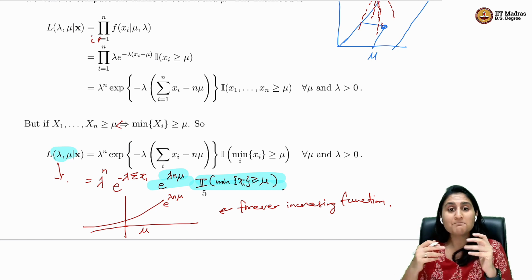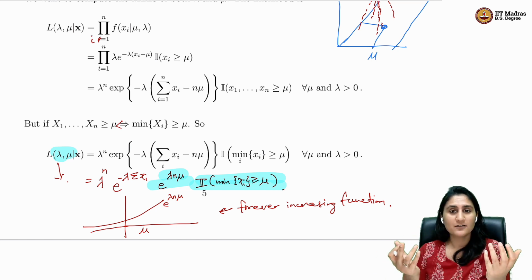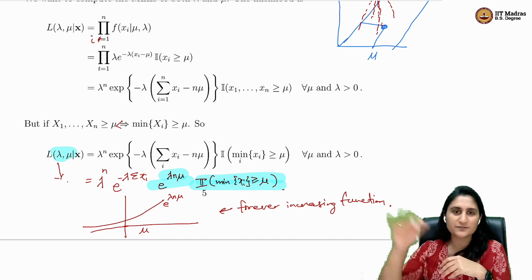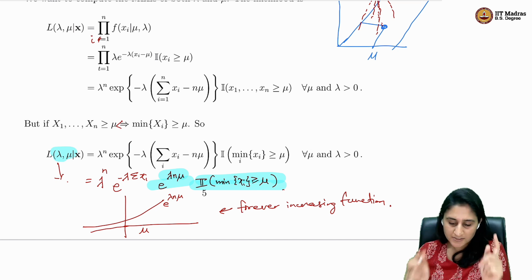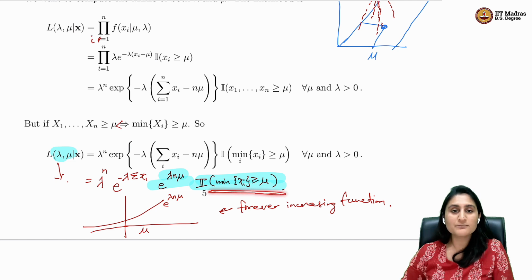So if I want to maximize the likelihood, this will get maximized at the largest value of mu because it's a forever increasing function. But lucky for us, mu is less than or equal to the minimum of xi, right?